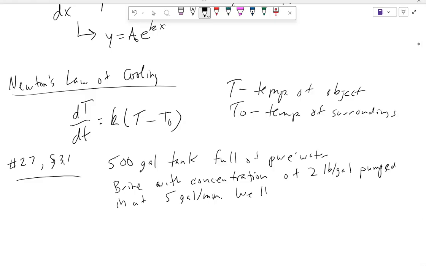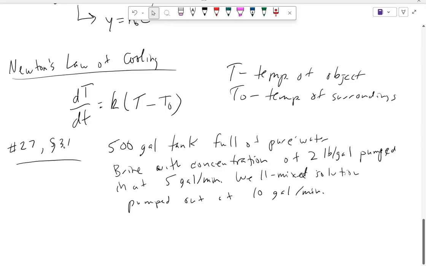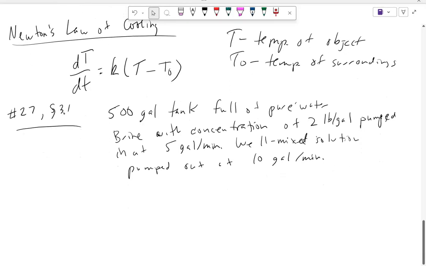And the well mixed solution is pumped out at 10 gallons per minute. We've set up problems like this before, right? And the setup behind this, again, if you went to the candidate talk last Monday, she did an exact setup just like this, right? You have stuff coming in, stuff going out. The difference between those two is the change, right?